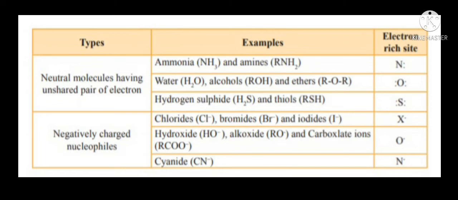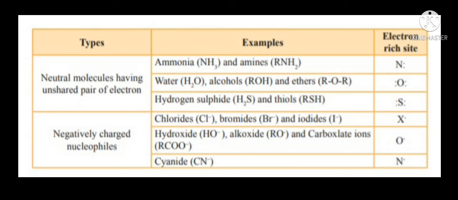The following are examples for negatively charged nucleophile. Chloride Cl-, bromide Br- and iodide I-. Here the electron-rich site is X-, where X- represents halide ions.